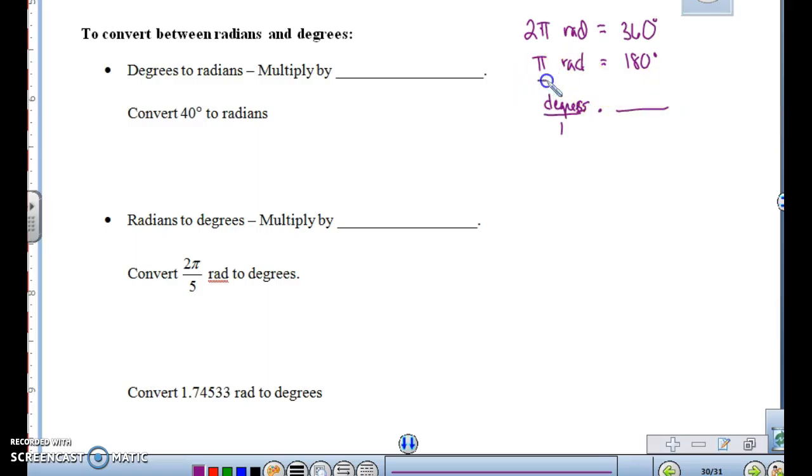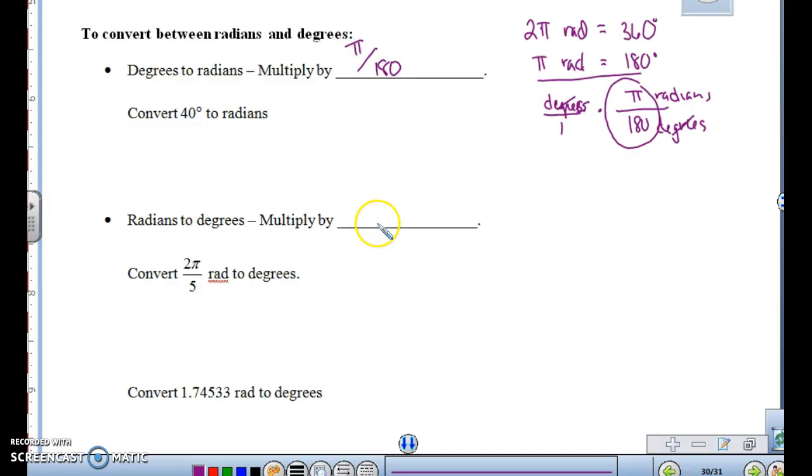If we use this conversion right here, where would degrees go? Well, 180 would go down here, and the radians would go up here. Pi radians is 180 degrees. So degrees cancel degrees, and we're left with radians. So what did we multiply by here? To change degrees to radians, we multiplied by pi over 180.